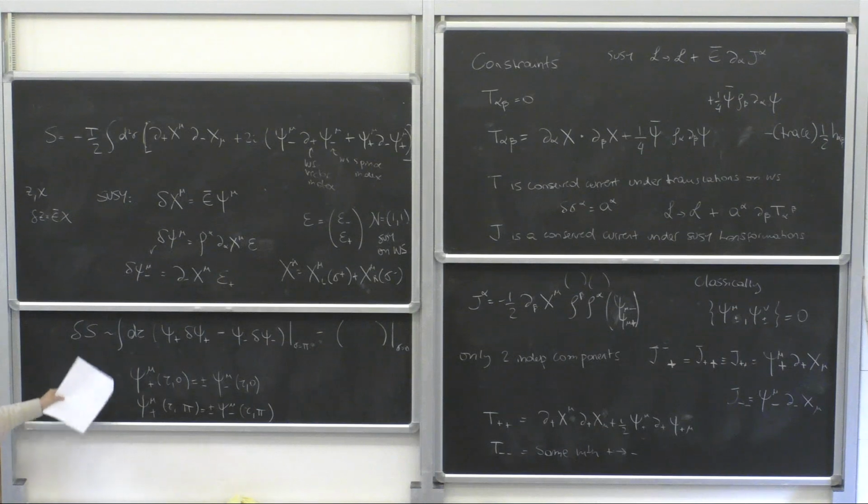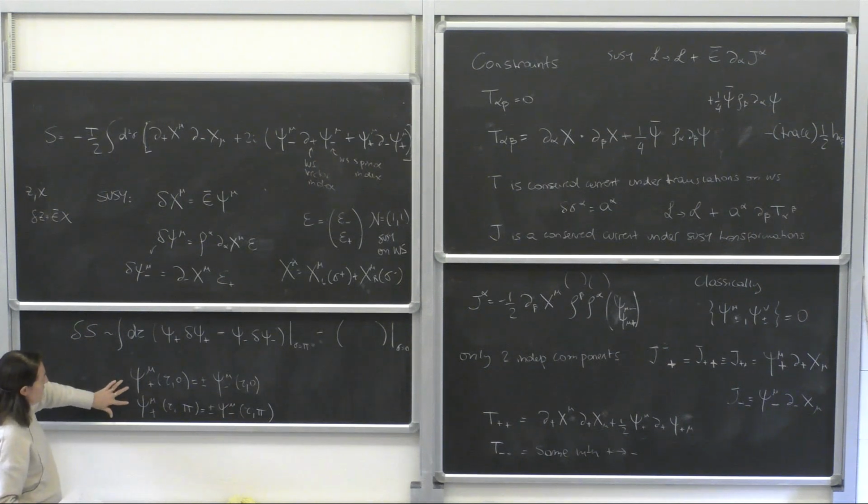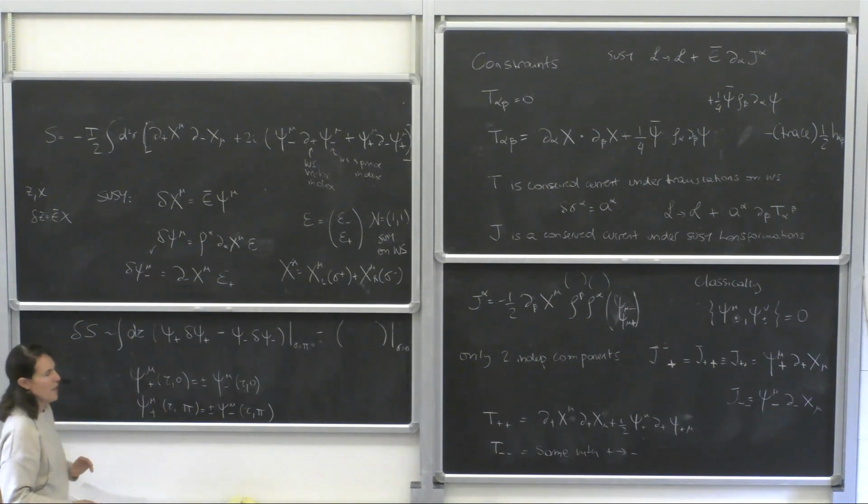And the important thing is the relative boundary condition that you choose: whether you choose the same boundary condition here and here, or there's a relative minus sign.